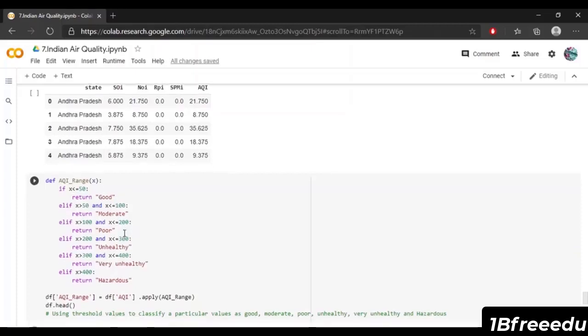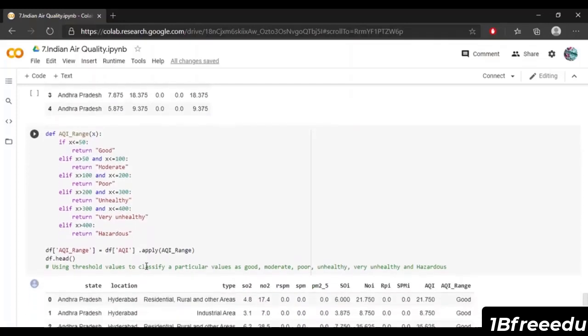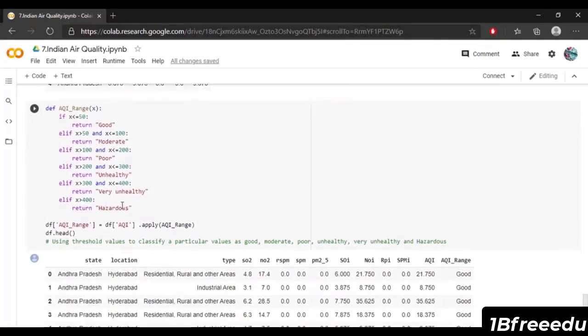Wherever values are greater than 100 and less than 200, we have assigned the label poor. Values between 200 and 300 are labeled as unhealthy. Values between 300 and 400 are labeled as very unhealthy. And values which are greater than 400 are assigned as hazardous.